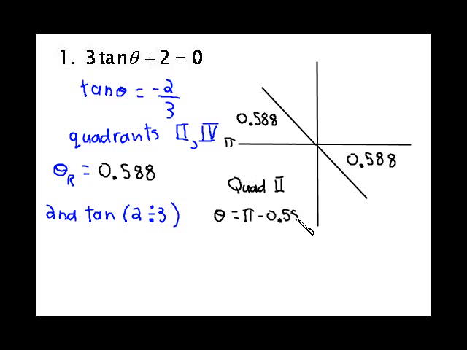So either subtract 0.588 or simply go pi minus your answer on your calculator. Either way, you'll get an angle of 2.55 once you round to 2 decimal places.